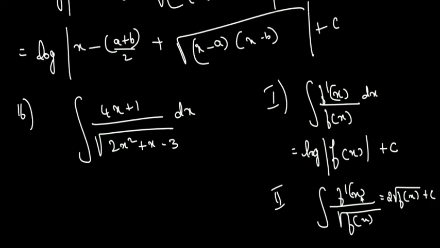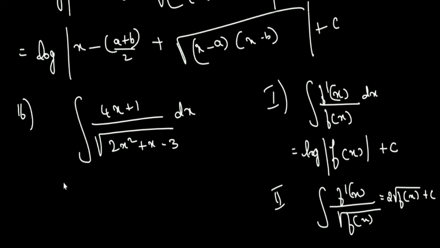If you can identify that the derivative of the denominator is in the numerator, and there is a root, then differentiate without the root. The answer will be 2 times root of f of x. So here the answer is 2 times root of this, but anyway we will do the substitution method and find the answer, then you can check.